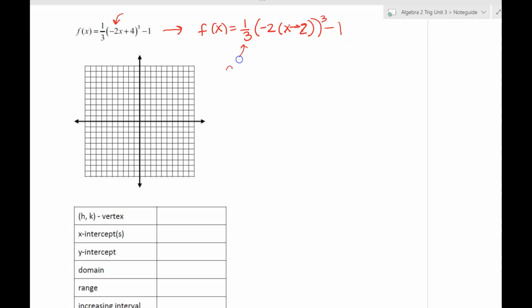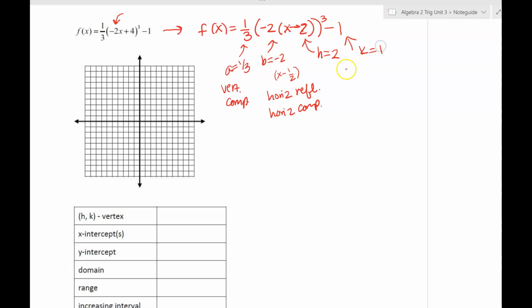And so this gives us an a value of 1/3, which is a vertical compression, a b value of -2, which remember we'll actually use like a -1/2, so that will be a horizontal reflection and a horizontal compression. We have an h value of 2 and a k value of -1. So our shifting will be to the right 2, and since k is actually -1, sorry about that, we will go down 1.